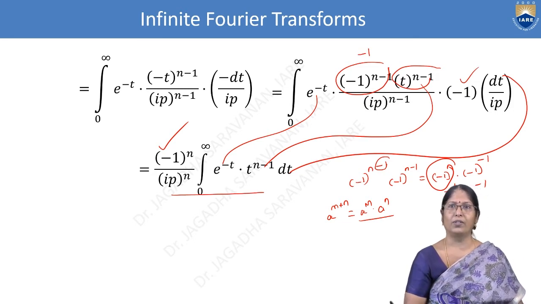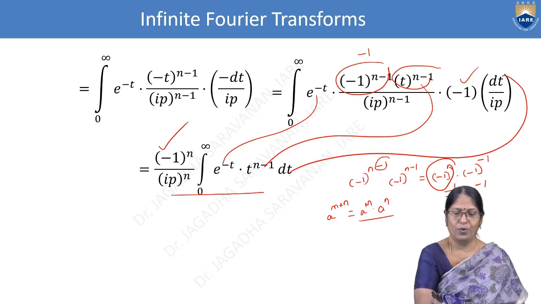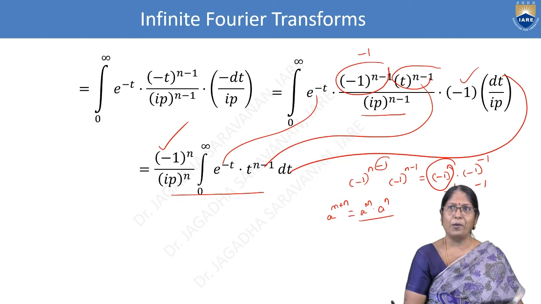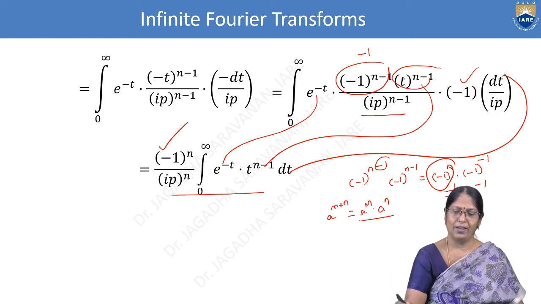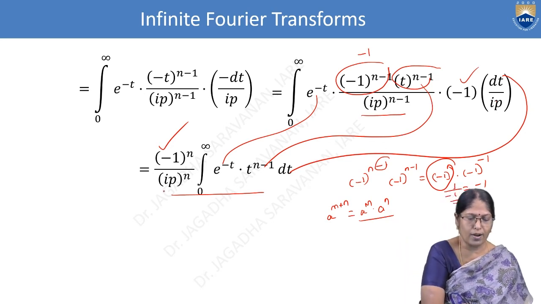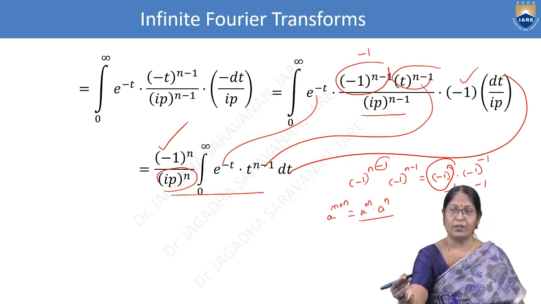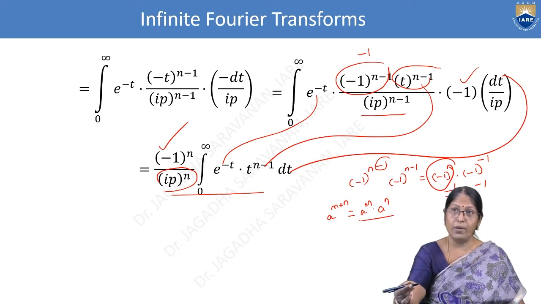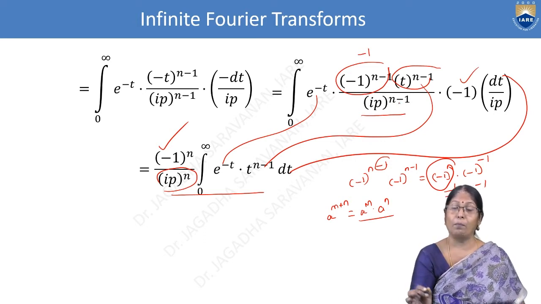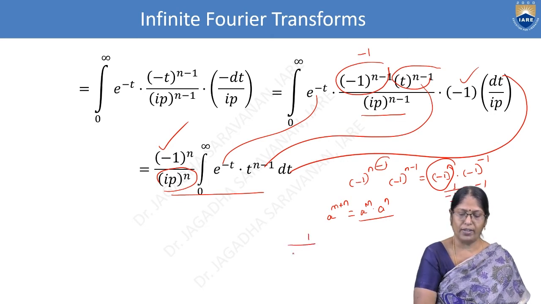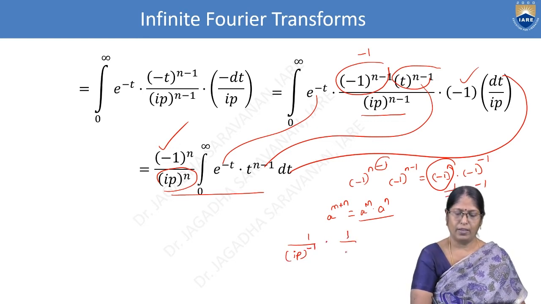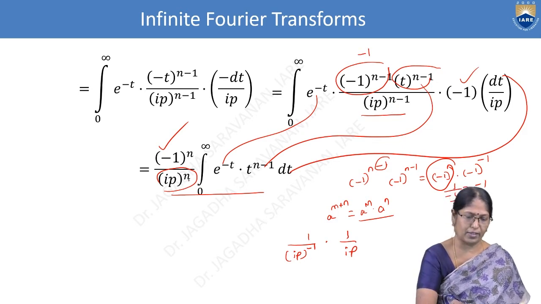Remaining all the terms we have written as it is. Here this term also, ip power n minus 1 is there. Here ip is there. In the next step, we considered only ip power n. How did we miss this ip power minus 1? We can see it. Ip power minus 1 is there, in this 1 by this term, because the n has come out.